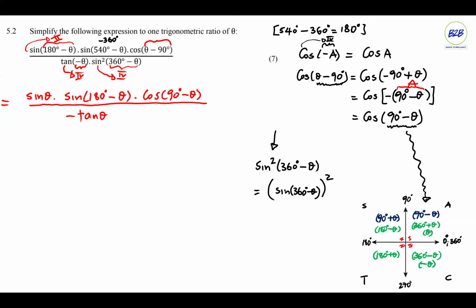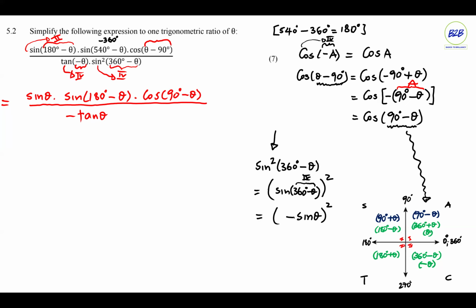Then within the brackets, we have got ourselves sine of 360 degrees minus theta. What is this quadrant? That is the fourth quadrant. But what is the sign of sine in the fourth quadrant? It is negative.